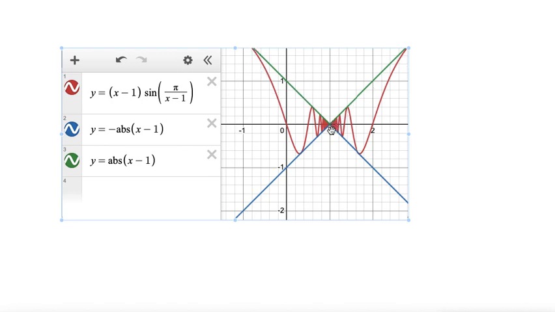But since they're approaching the same number as x approaches 1, we can say that the middle expression, (x minus 1) sine of pi over (x minus 1), is also approaching that same value.